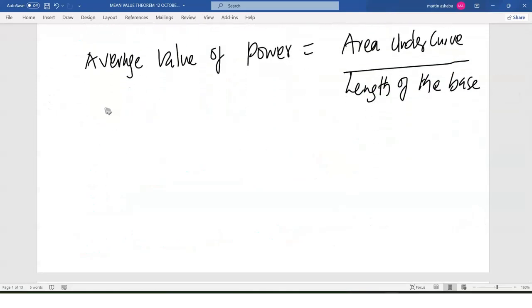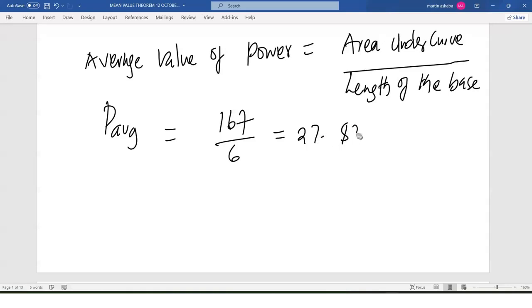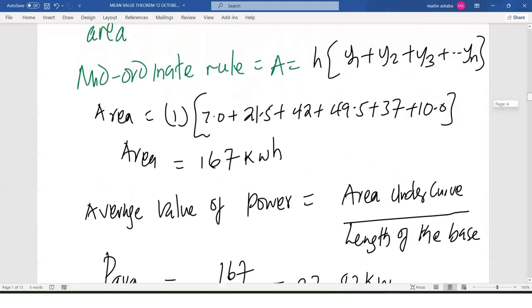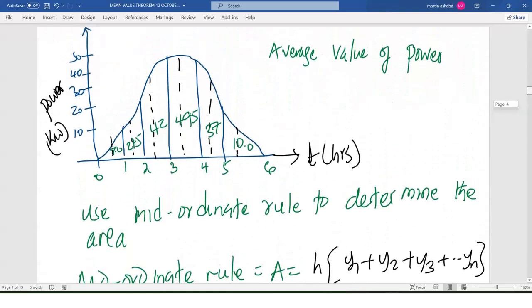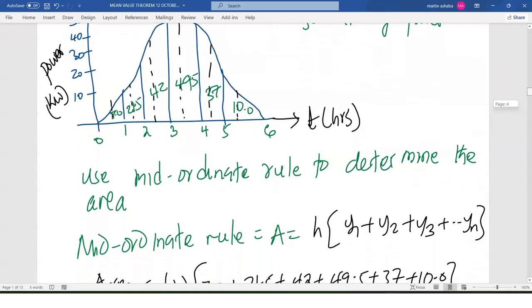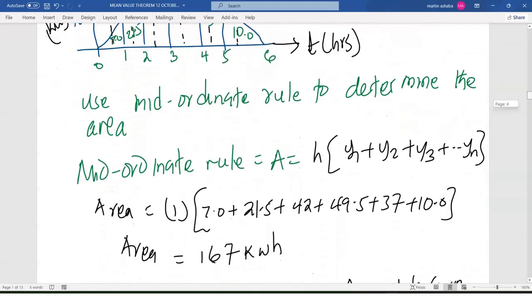Therefore, P average shall equal 167 divided by 6. And what do we get? I have 27.83 kilowatts. So the power averagely consumed over the 6 hours is 27.83 kilowatts.